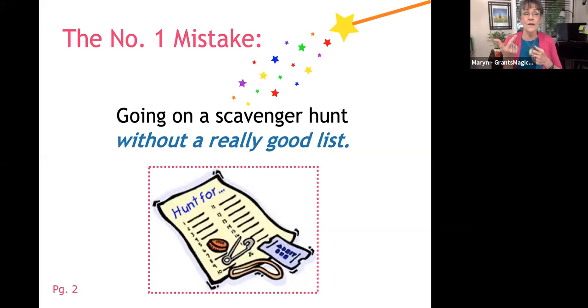B, you get drawn off into a lot of non-mission focused connections potentially. C, you lose your focus on your own mission. And D, did I mention you waste a lot of time? And E, you leave a lot of money on the table. So step one is to develop a really good list for our scavenger hunt.